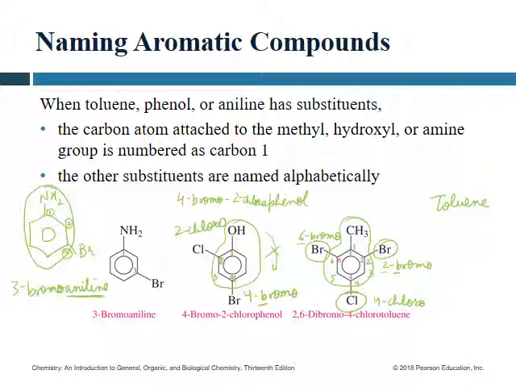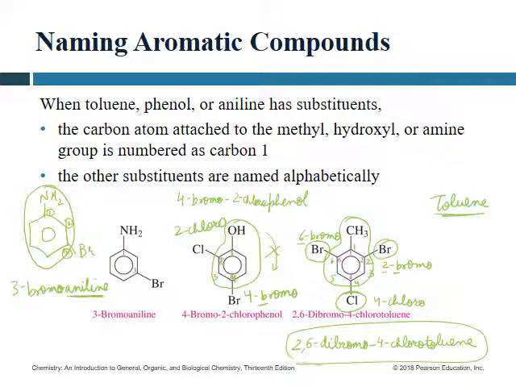So this will be called 2,6-dibromo. Then I write my chloro, which is 4-chloro. And then the parent chain, which was toluene. So this would be the final name for this particular compound. Okay, so that is how you name the aromatic compounds.